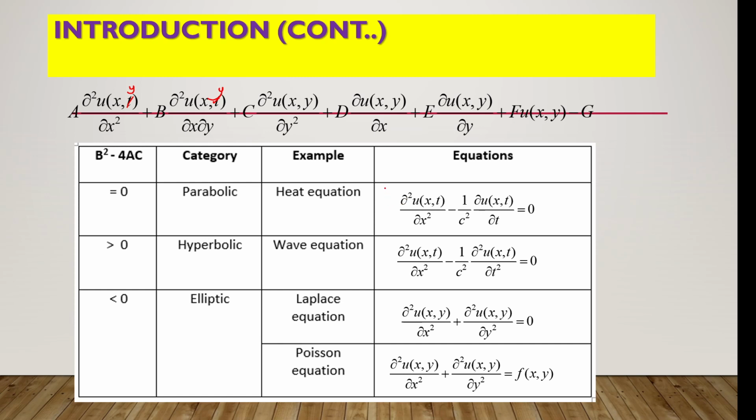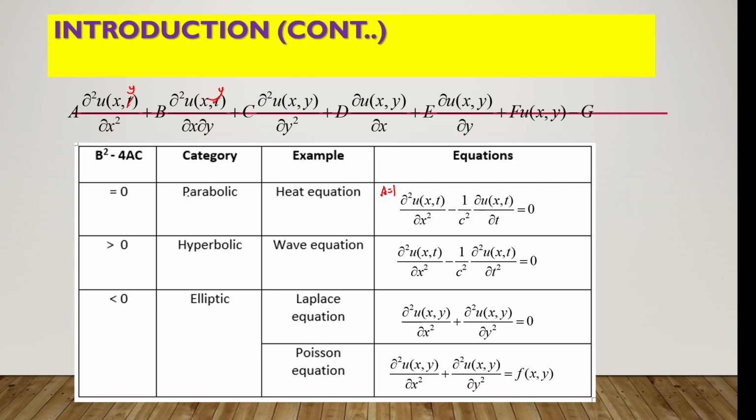In this case, a is 1, because you tally this with here. And del u del t you can tally with del u del y, because for the heat equation, y is actually t. So a is 1. You don't have b and c, that's why b and c are 0. That's why b squared minus 4ac is 0 here.